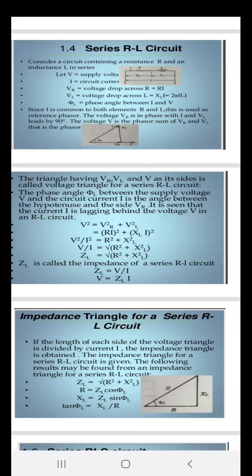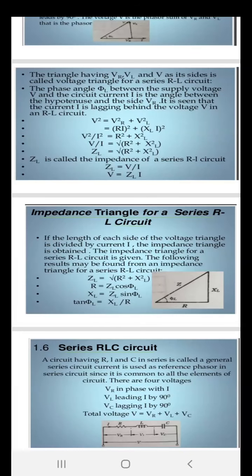Putting the values, V squared is equal to (RI) squared plus (X_L I) squared. Dividing both sides by I squared, V squared by I squared is equal to R squared plus X_L squared. Taking the square root, V by I is equal to the square root of R squared plus X_L squared, so Z_L is equal to the square root of R squared plus X_L squared. Z_L is called the impedance of the RL circuit. Z_L is equal to V by I, and V is equal to Z_L into I.